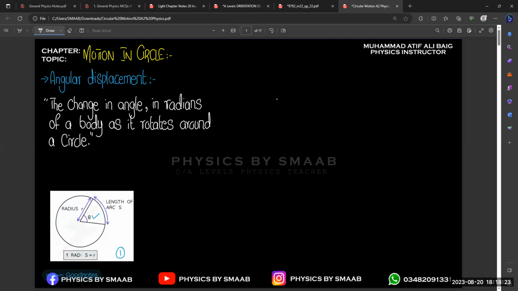So this is the concept of angular displacement, very simple, because from the diagram we can observe where theta actually is and what the concept of theta is.